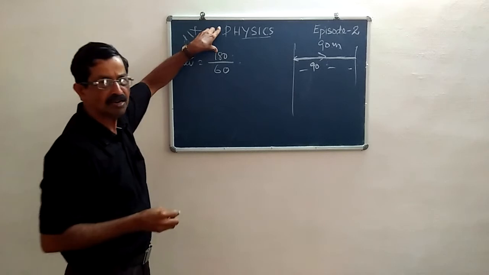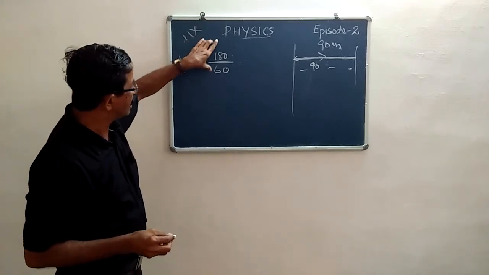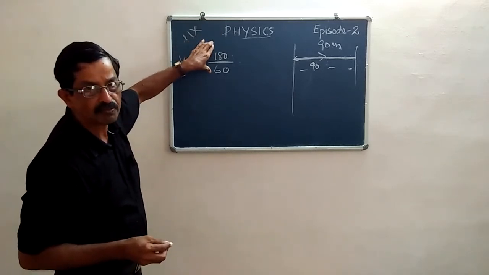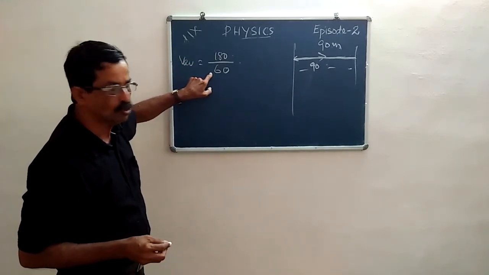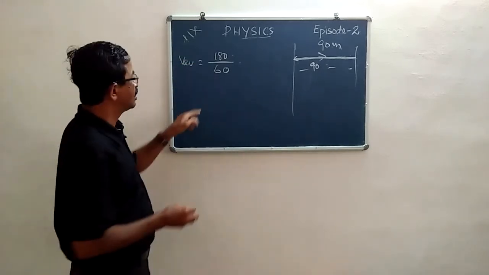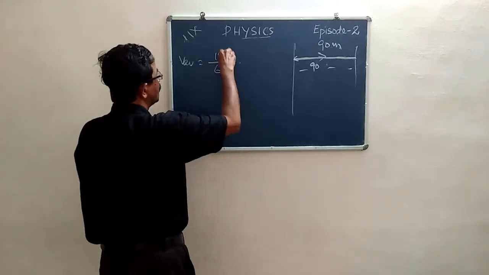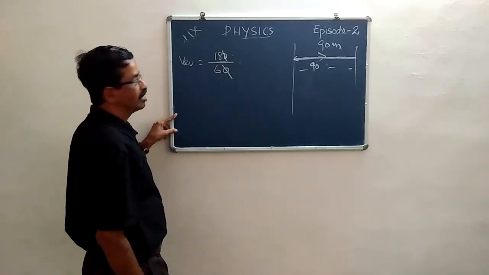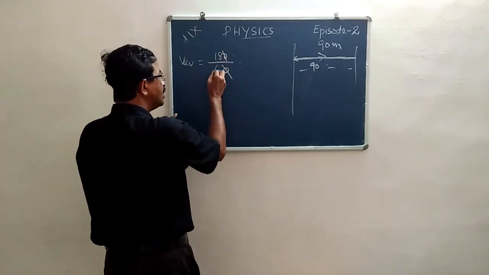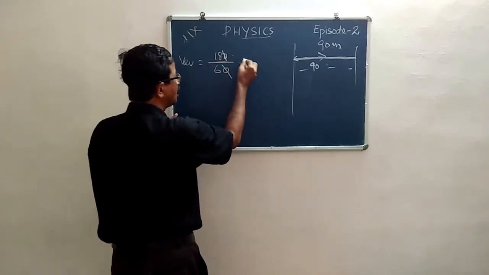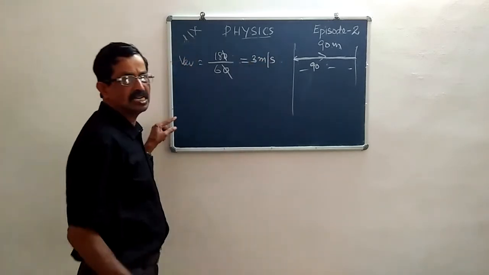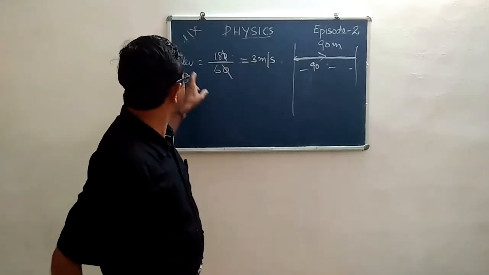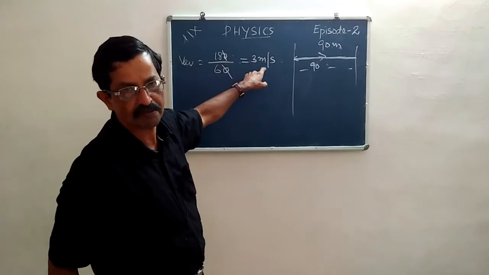Total distance traveled 180, and the time taken is 60 seconds. Now cancel 6. In 18, 6 how many times? 3 times. So 3 meter per second is the average speed of Usha.